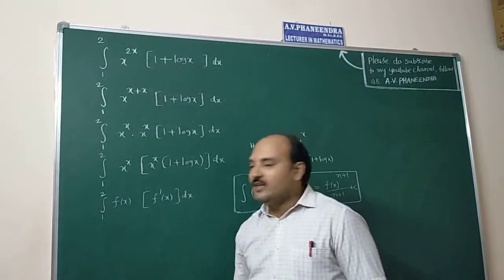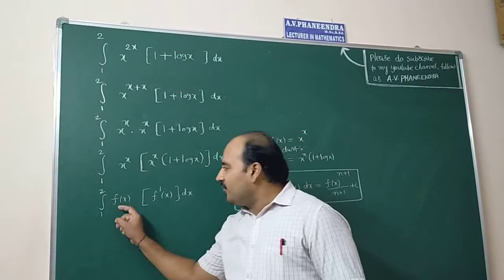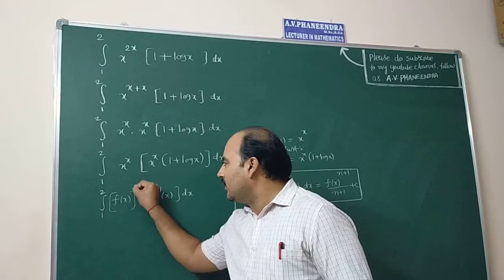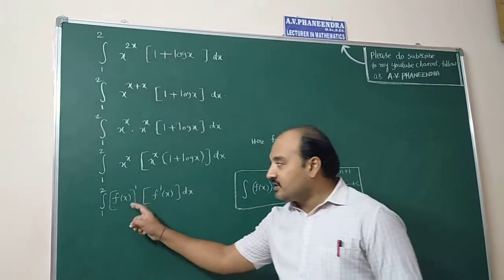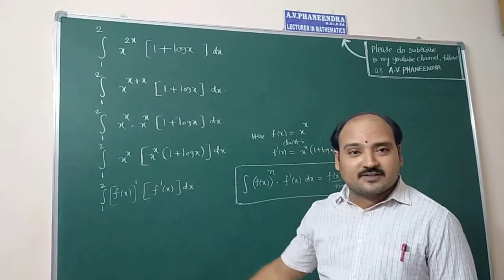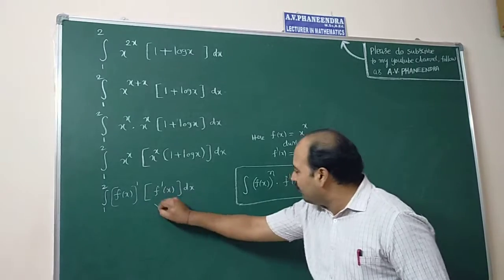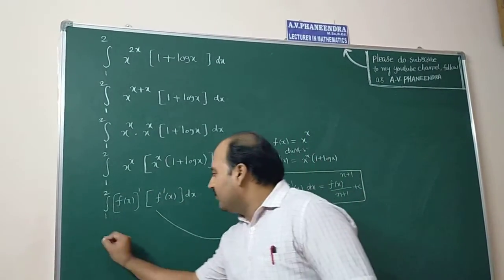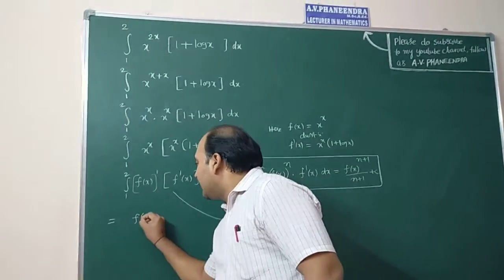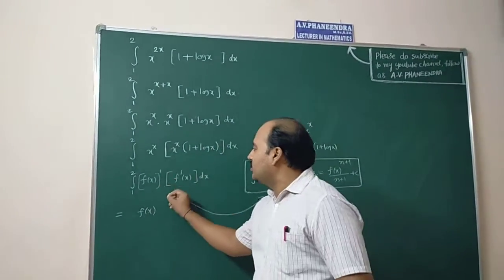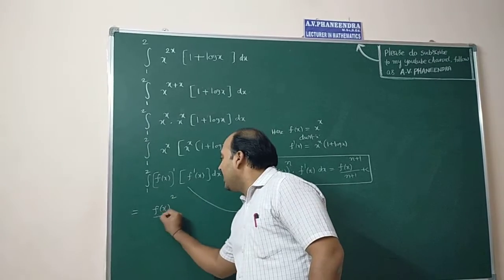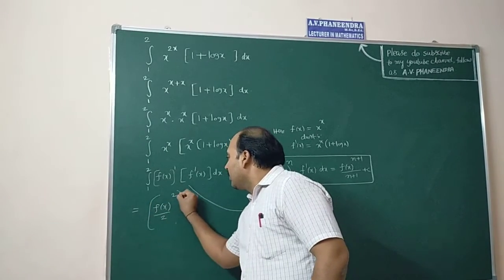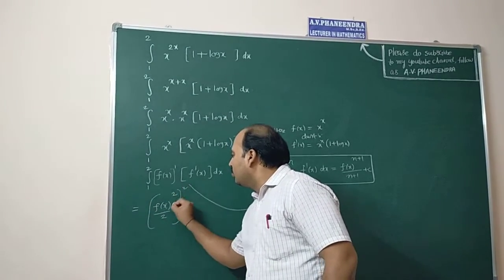In the same way, here f of x means this power is 1. By comparing these two formulas, n is equal to 1, which is equal to f of x whole power 1 plus 1, that is 2, divided by 2, applying the limits 1 to 2.